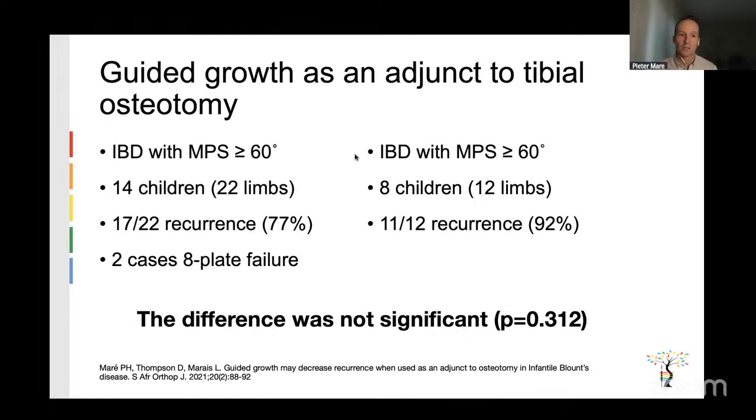Now the recurrence rate was still extremely high, 77%. We had 2 cases of 8-plate failure that might have contributed, but not that much. When we compare this to a historical control group of matched children with also an MPS greater than 60 degrees, we've found only 12 limbs in 8 children. However, the recurrence rate there was 92%. Now, this difference was not statistically significant.